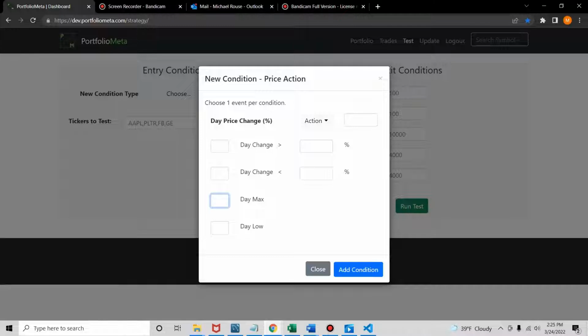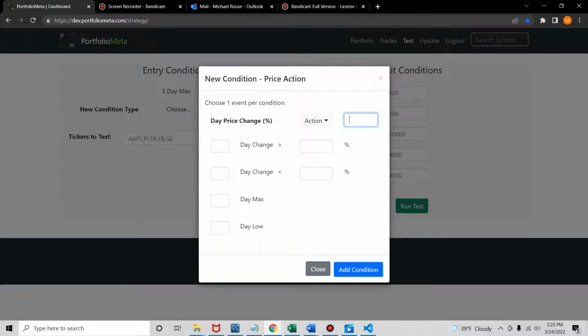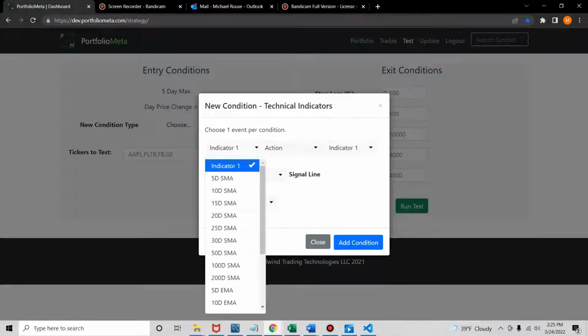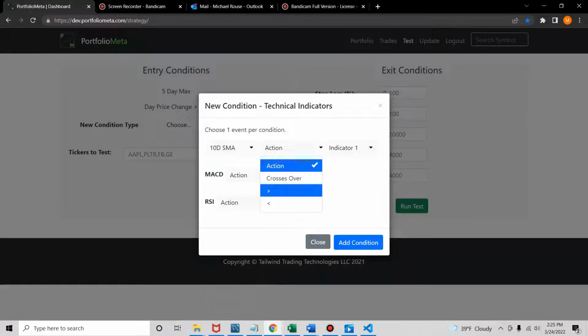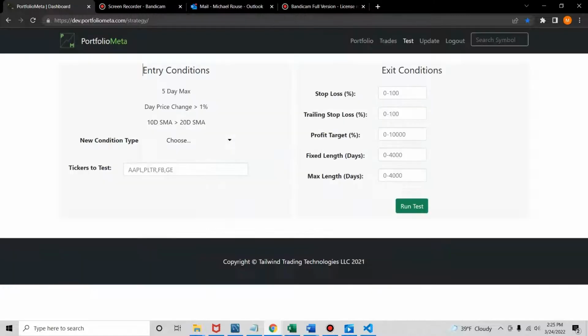So let's say a 5-day max, and then it shows up right there. Then we'll add another one. Let's say the day price change is greater than 1%, and we'll add a technical indicator as well. So we'll add, let's say, the 10-day simple moving average is greater than the 20-day simple moving average.